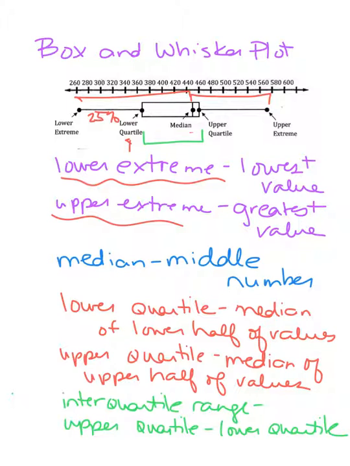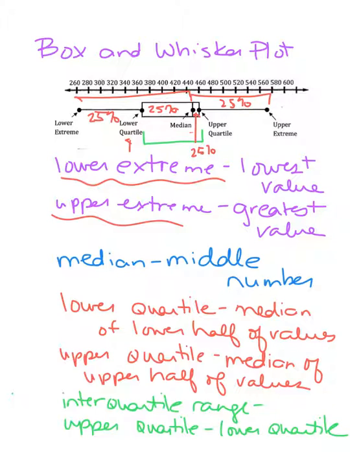And we also have 25% here between our lower quartile and our median, which makes sense because our median is the middle of our values, so we should have 50% above and 50% below. Let's look on the right-hand side. Although it's tight, we do have 25% between the median and the upper quartile, and another 25% between our upper quartile and our upper extreme.